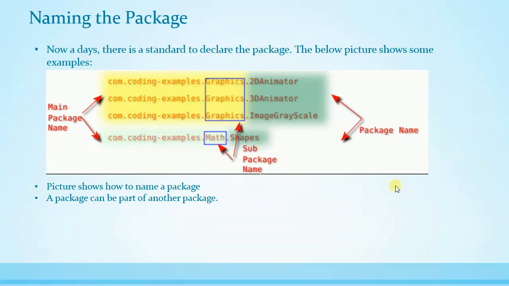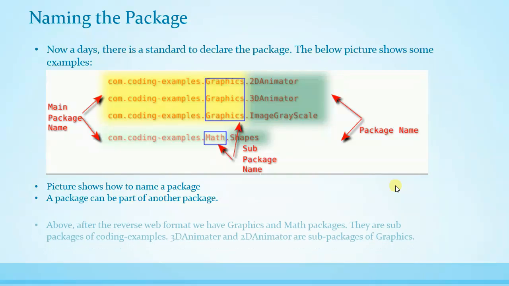So graphics is the parent for all these three packages. That's what we mean when we say a package can be part of another package. Shapes is a sub package of math in the above picture. Similarly, 2D animator and 3D animator are sub packages of the graphics package.